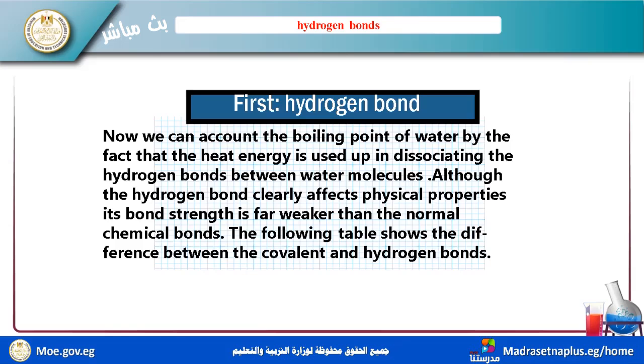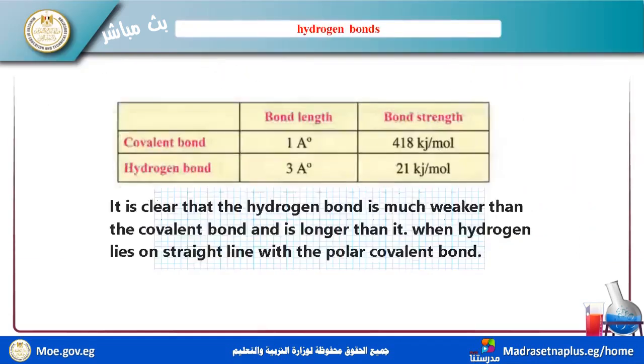The following table shows the difference between covalent bonds and hydrogen bonds. The covalent bond is a chemical bond, but the hydrogen bond is a physical bond. There is no electron sharing in this bridge between H positive and O negative. The bond length of a covalent bond is 1 angstrom. A hydrogen bond is 3 angstrom.